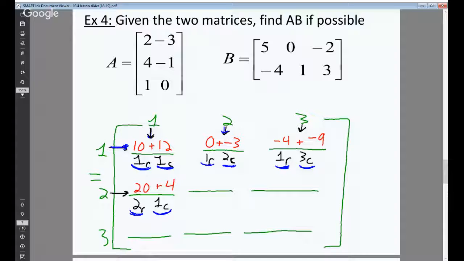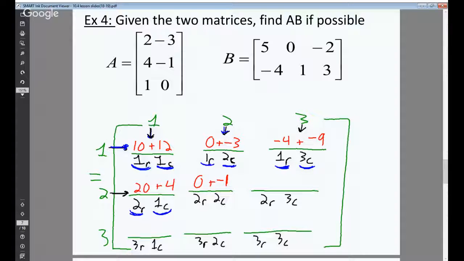So from here, I think you can figure out the rest on your own. I'm just going to go ahead and do the rest real quickly, so then you can check your answers later. So third row, first column, third row, second column, third row, third column. Okay? So then second row, second column, that would give you 0 and -1 to add together.